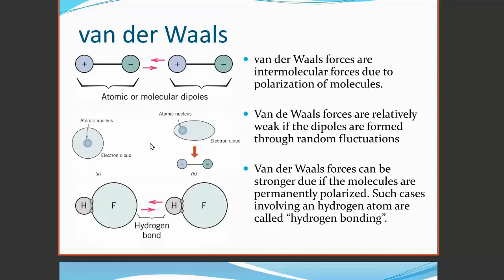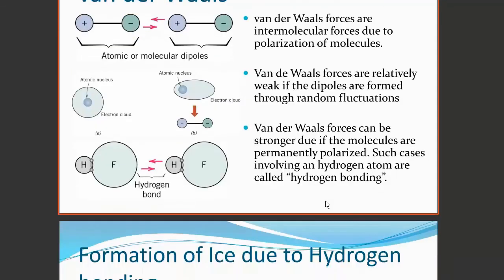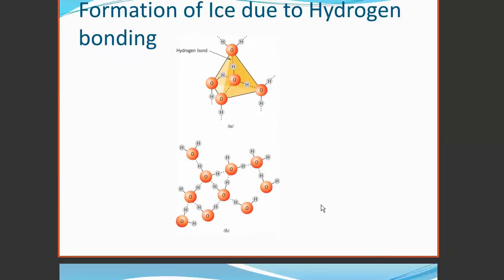This can occur through random fluctuations, or can be a result of the shape of the molecule itself. For instance, in hydrogen fluoride, we have a strongly polar molecule. Van der Waals forces between strongly polar molecules is called hydrogen bonding. Hydrogen bonding is responsible for the formation of ice.